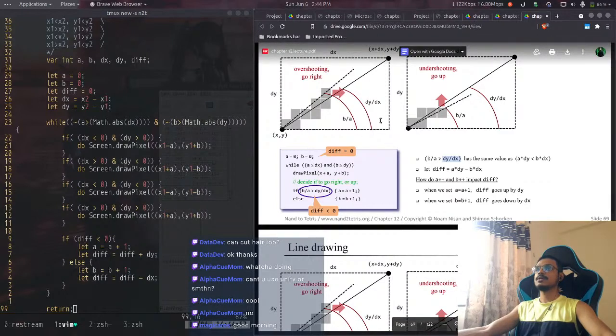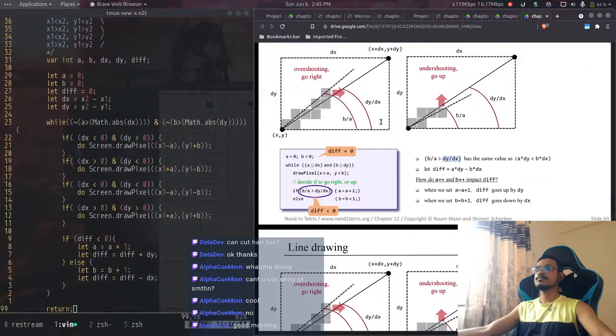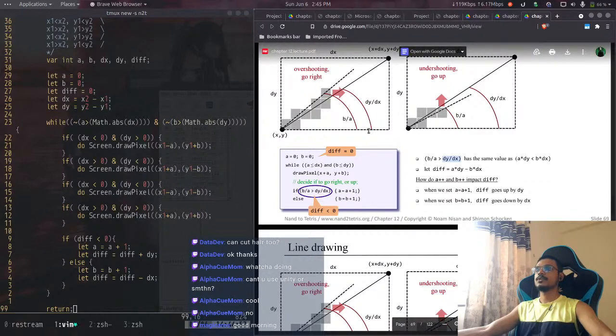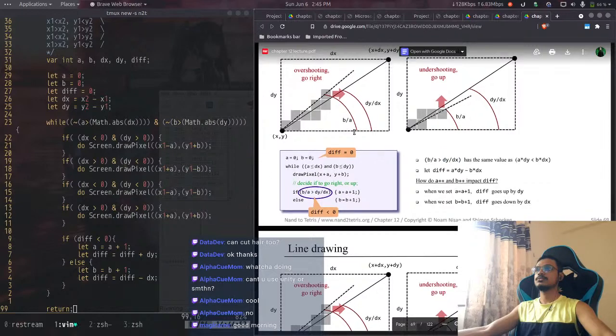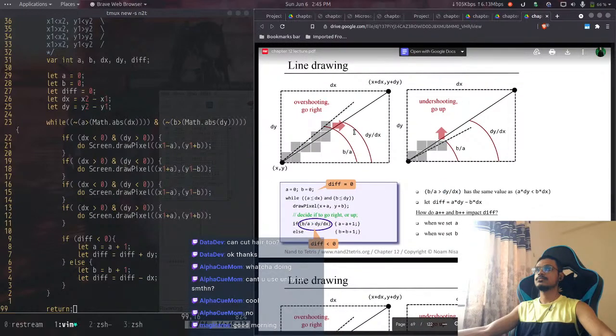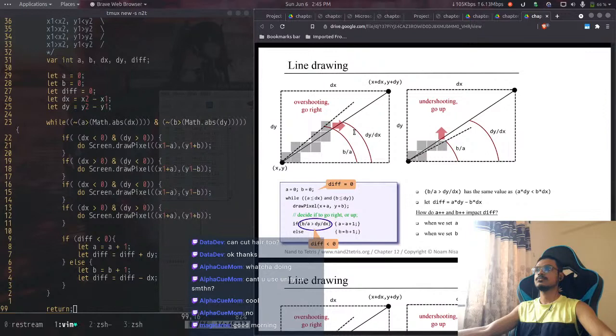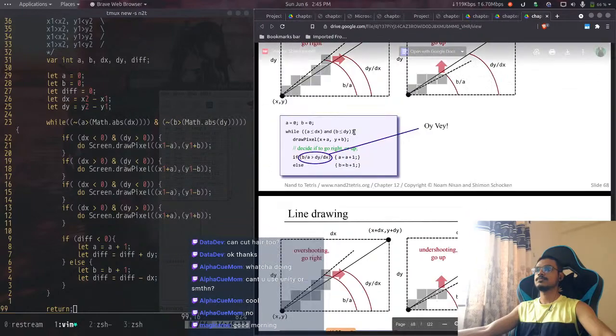Dy by dx is the angle, on, I think it is the slope, right? And then, oh man, this is confusing.